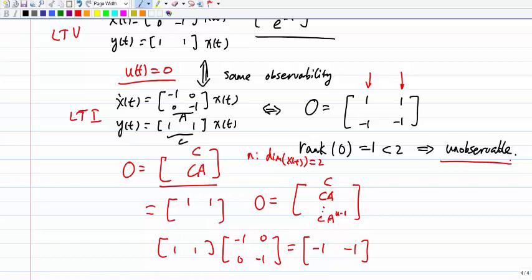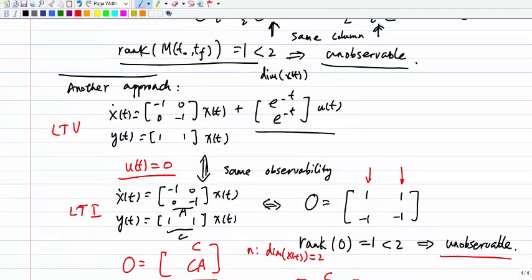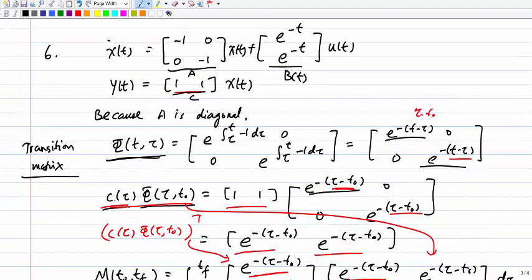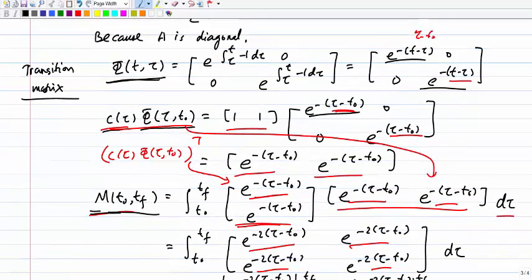This is much easier to verify, but a caveat is that we want to make sure this is constant. If it's constant, it's easy to do. If not constant, you still have to go back to the previous method I mentioned. You compute the transition matrix, then compute C(tau) times Phi(tau, t0), then compute the matrix M(t0, tf), which is the integration from t0 to tf of the product, where you take the transpose times itself.